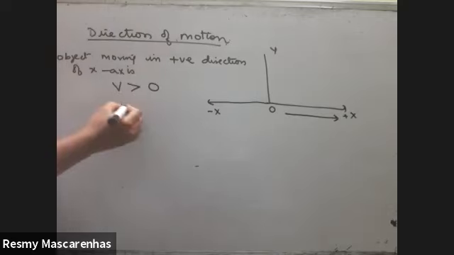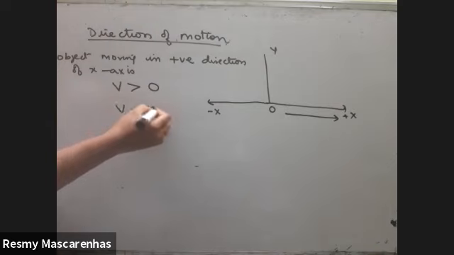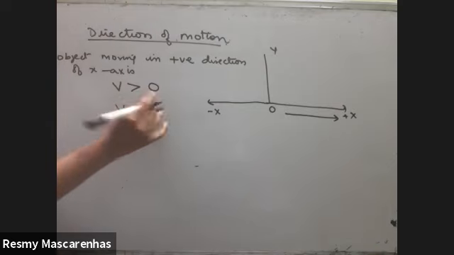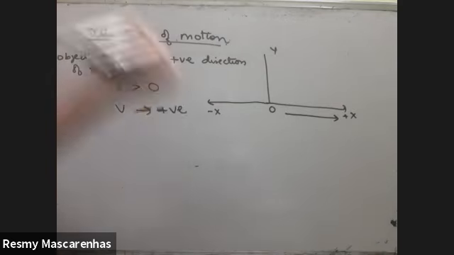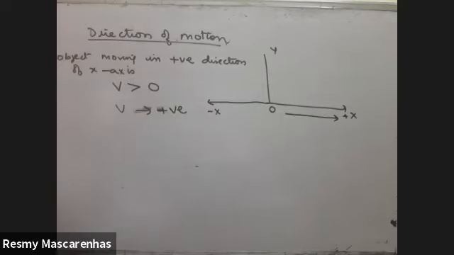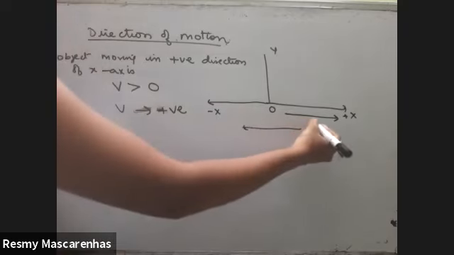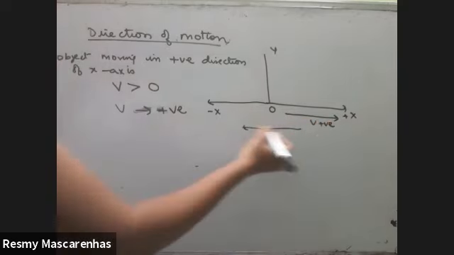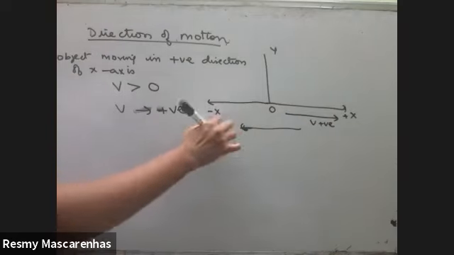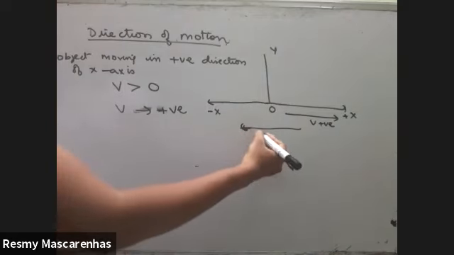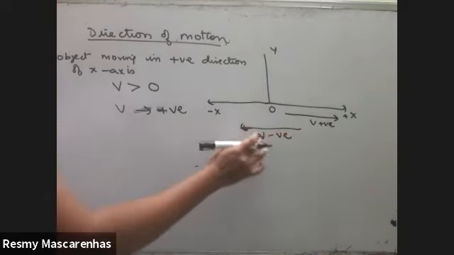It means velocity is always positive. If the object is moving in the positive direction of x-axis, the answer will always be positive. Same way, if it's moving towards the negative direction, the opposite direction, then velocity is always negative.